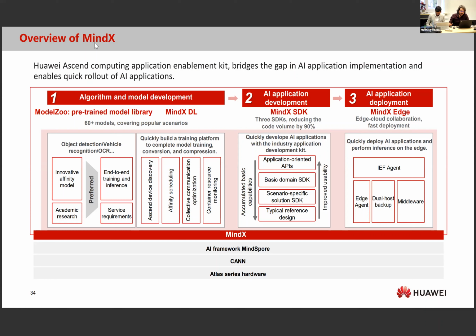MindX SDK provides modules such as MX Manufacture, MX Vision, MX Index, and MX Tuning Kit to help quickly develop and deploy AI applications by reducing the code volume by 90%. You can write less code with the SDK and do the same job as with the old code.